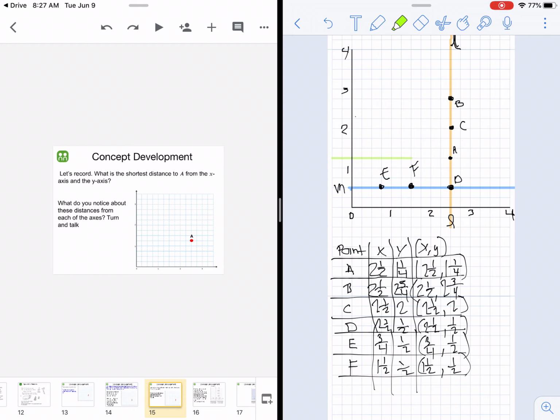Now I'm going to run my highlighter vertically along 1.5. Okay, so 1.5. Here is a line that I am going to draw. This is line N. Okay?